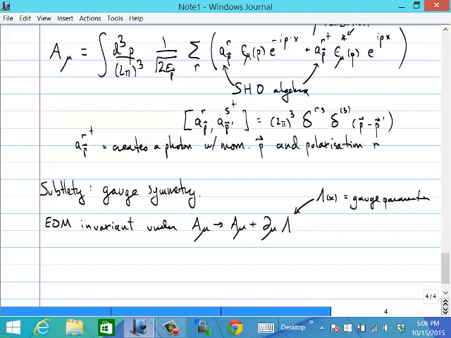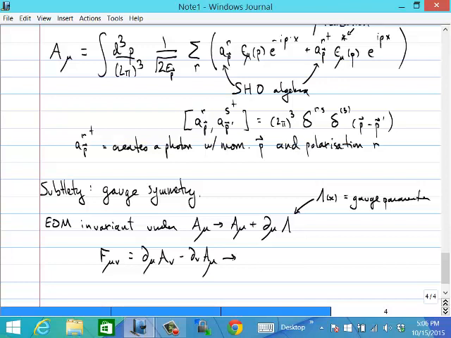So how do we see that the equations of motion are invariant? Well, remember the equations of motion, Maxwell's equations, can be formulated just in terms of the electric and magnetic fields, which are packaged into the 4x4 matrix, the 2-tensor F_mu nu. And what was F_mu nu? F_mu nu is d_mu A_nu minus d_nu A_mu.